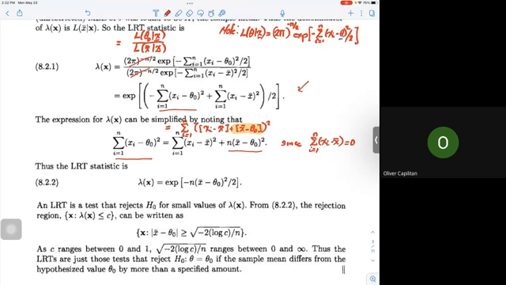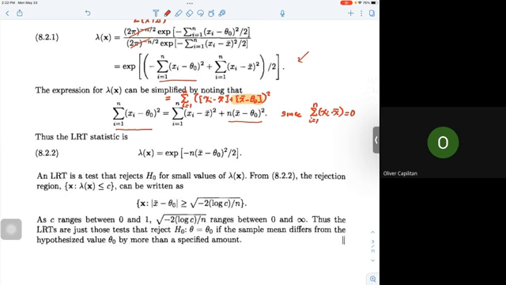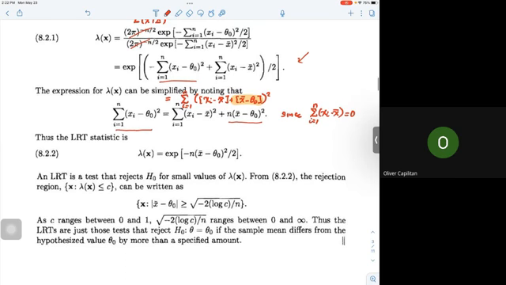That is why the likelihood ratio test statistic, lambda of x, is equal to the exponential of negative n times the square of x bar minus theta sub 0 over 2. It is easy: you just substitute this expression here.